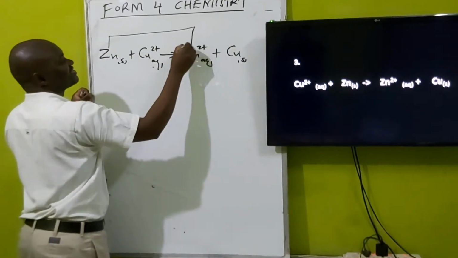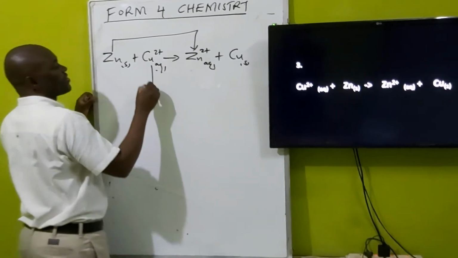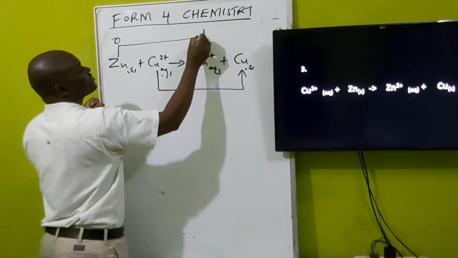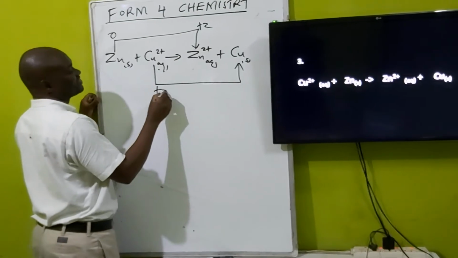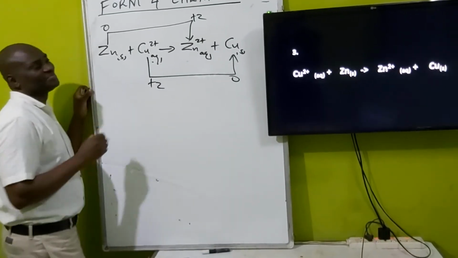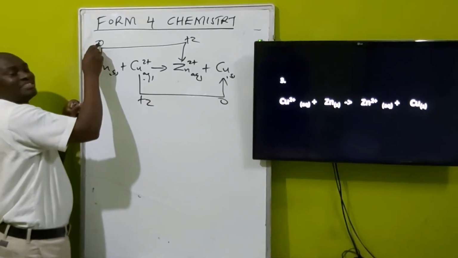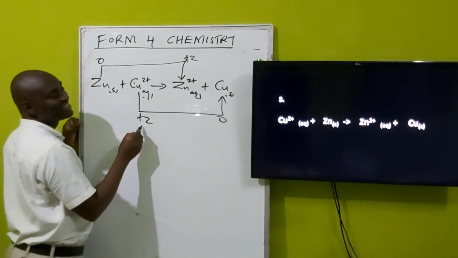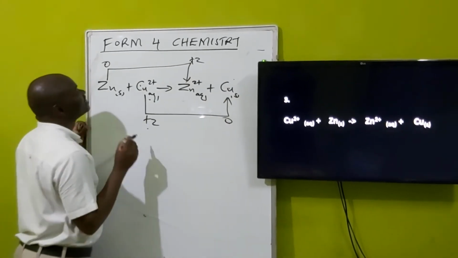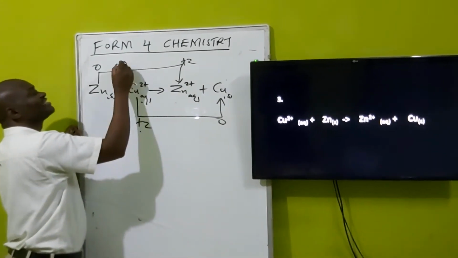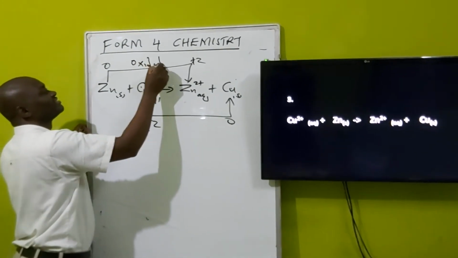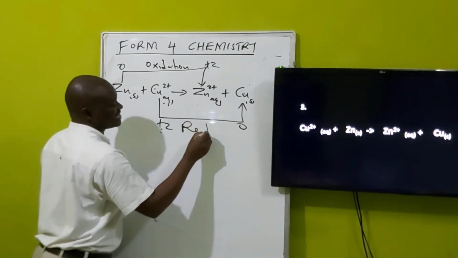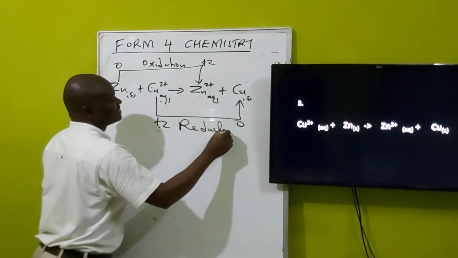Zinc to zinc 2, copper 2 to copper. 0 to +2, +2 to 0. So this is 0 charge, +2, +2, 0 charge. An increase is oxidation, and a decrease is the reduction process.